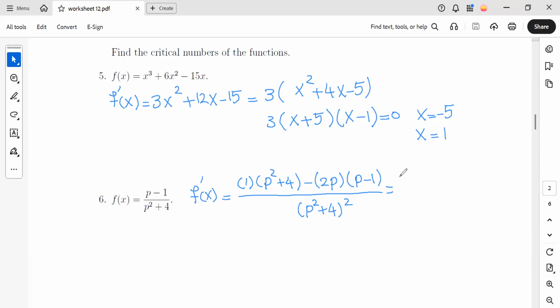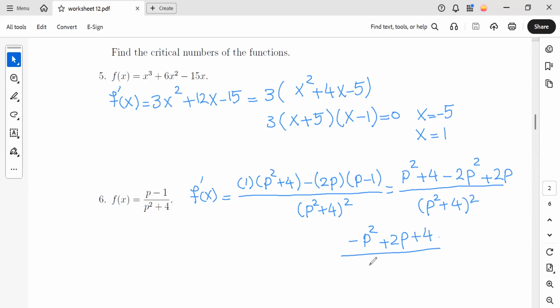So by multiplying them together, we would get p squared plus 4 minus 2p squared plus 2p, all over p squared plus 4 squared. After simplifying, we would have negative p squared plus 2p plus 4 over p squared plus 4 squared. This one should be 0.